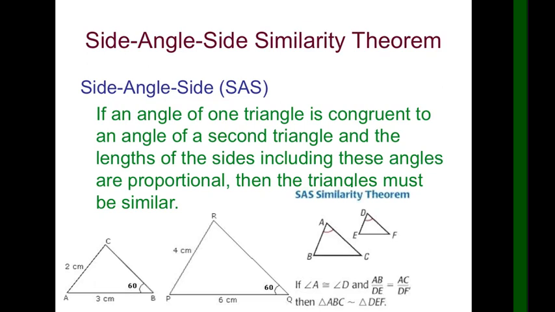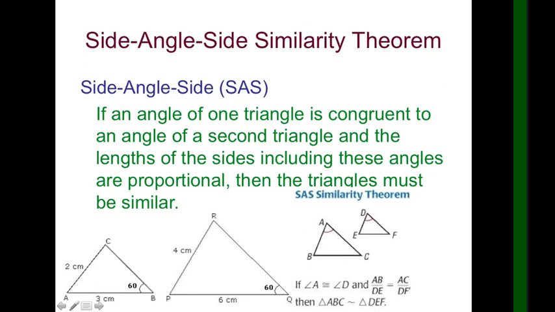Yung iba, though magkaiba sila ng size in terms of length, pero in terms of degree, magkakapareho yan. So if angle A is congruent to angle D and the ratio of AB over DE is equal to the ratio of AC over DF, therefore we can conclude that triangle ABC is similar to triangle DEF.